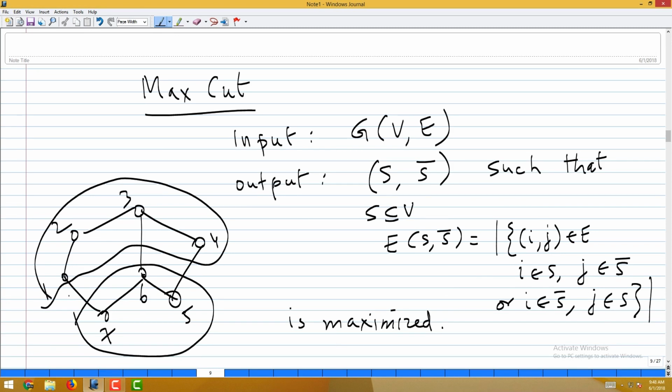If you fix an S and a T, then among the partitions where S is on one side and T on the other, max flow will find you the one with the minimum number of edges. So, n many max flow computations will give you the min cut. So, min cut is poly time solvable, but max cut is NP hard.